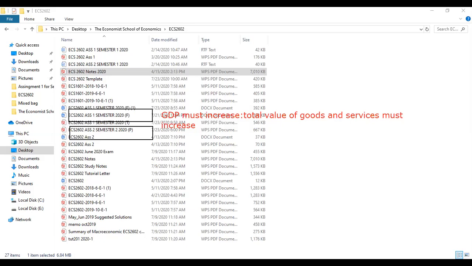The other objective is price stability. The economy must not be subject to high levels of inflation. Prices must be stable. Prices must not suddenly change. When you go into a store to purchase a bottle of milk, still in the queue, you hear that the price has gone up.